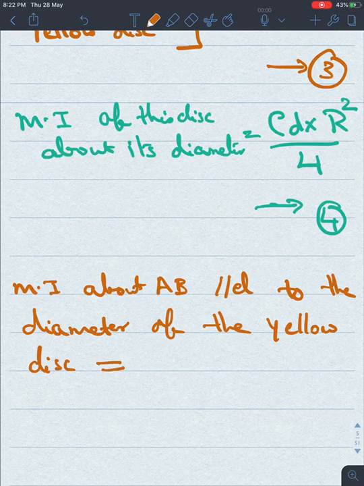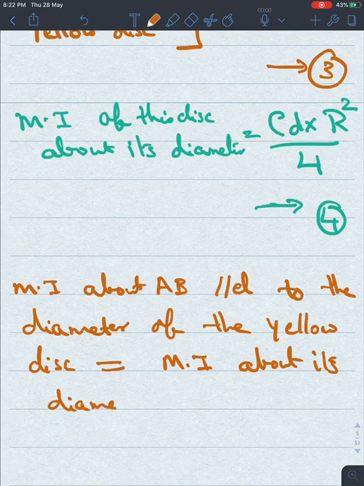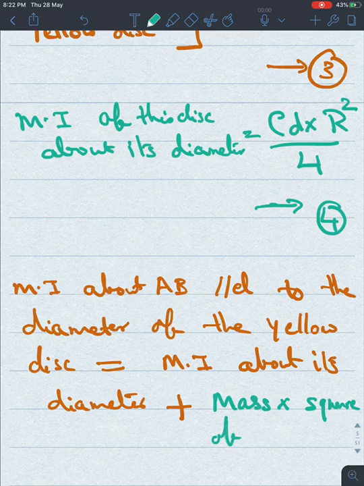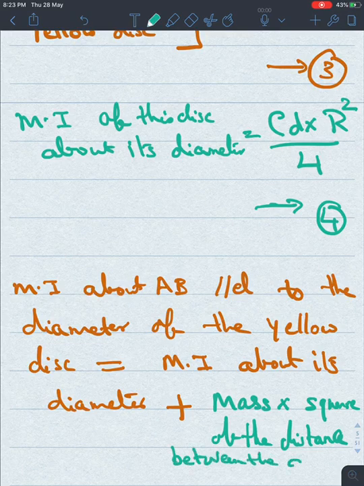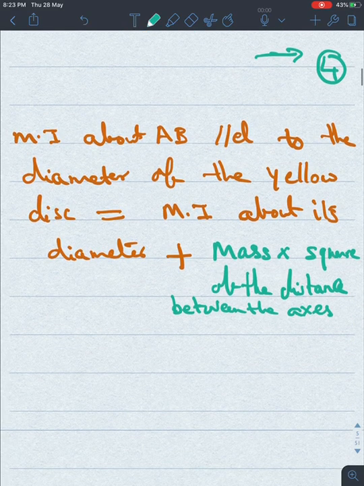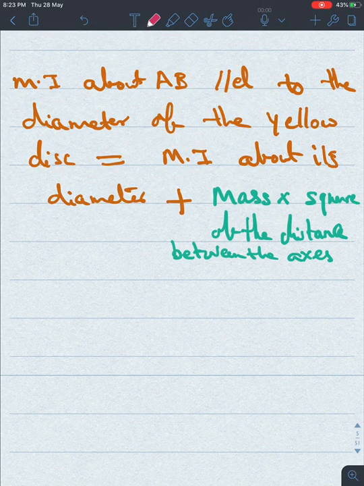is equal to the moment of inertia about its diameter, which we have found in equation 4, plus mass times the square of the distance between the axes. Now you can tell me what it is.